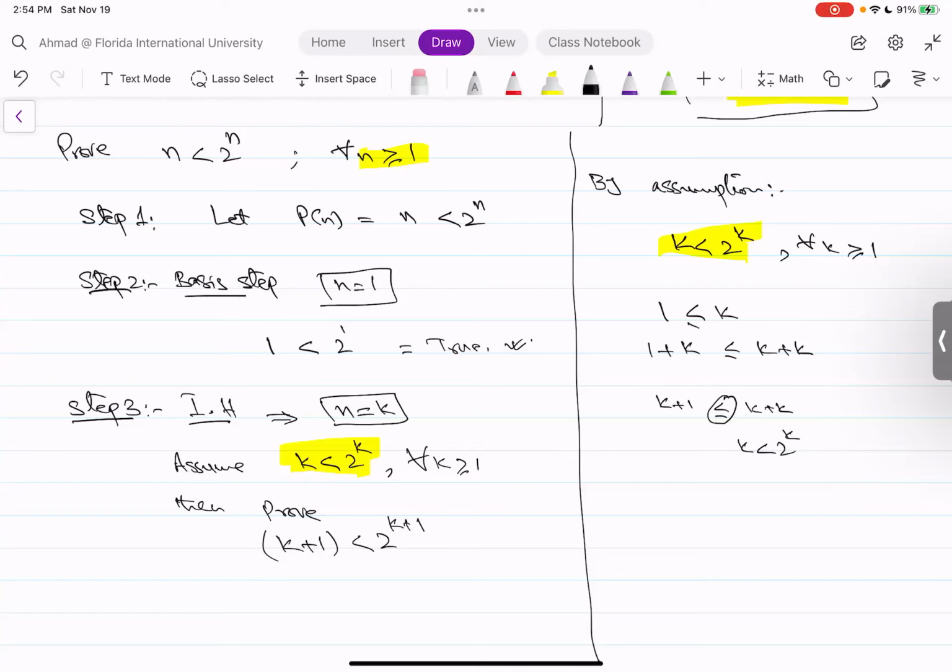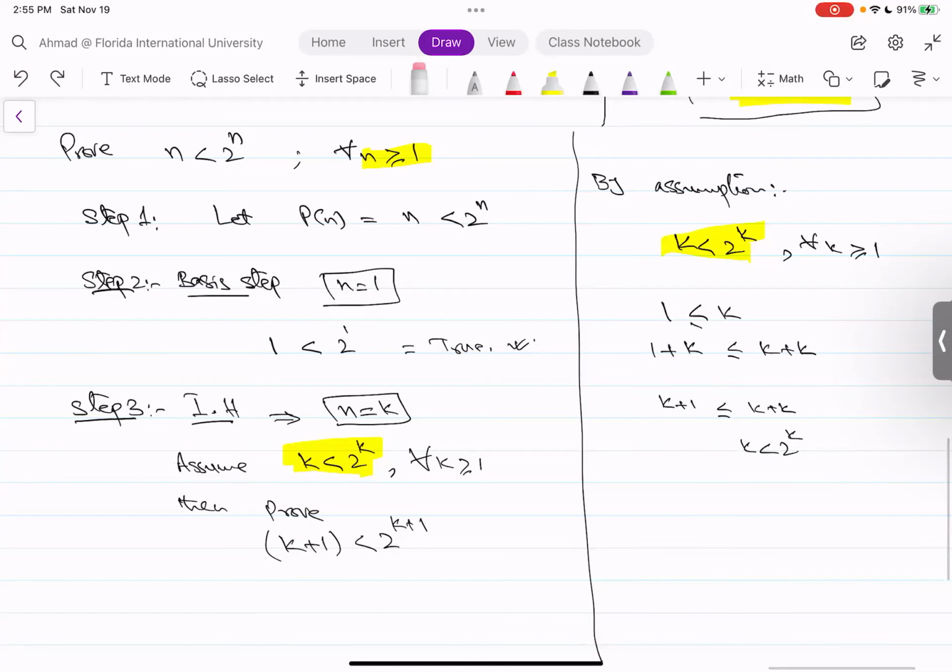So what I can do now is substitute 2 power k in place of k.